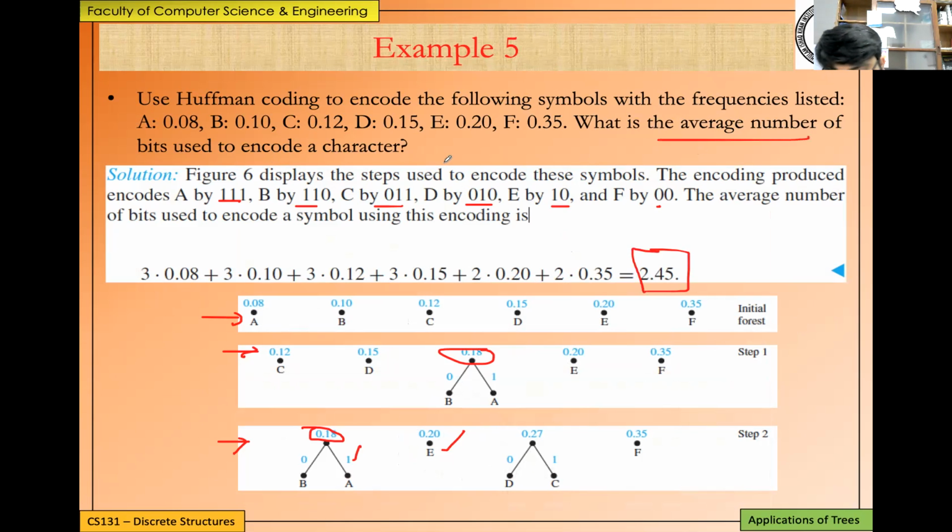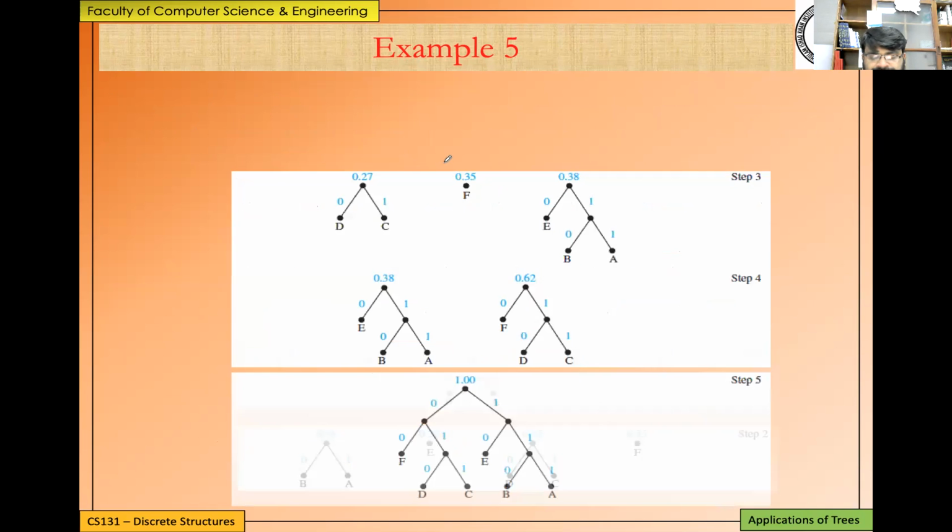So the first thing, of course, is to find the corresponding Huffman encoding. After you find the Huffman encoding, you know the number of bits used for each character. Then you just need to multiply them with the frequency that is mentioned, and if you multiply them with the frequency and get the sum, that is the average number of bits required for this particular message using this particular Huffman encoding.